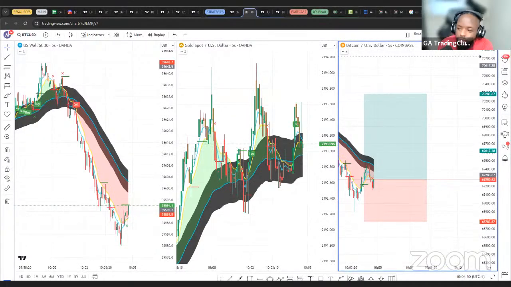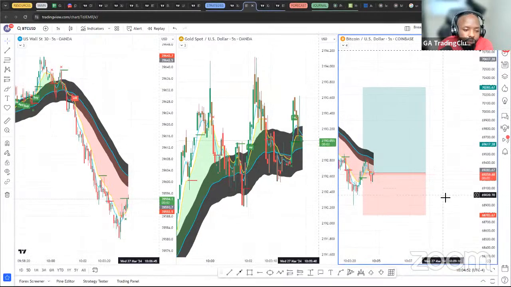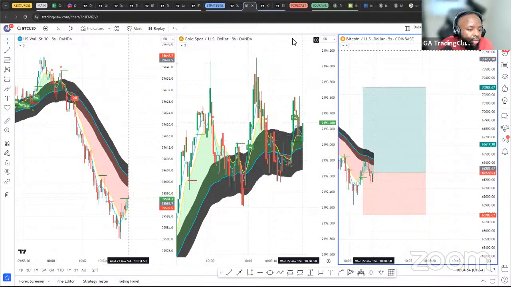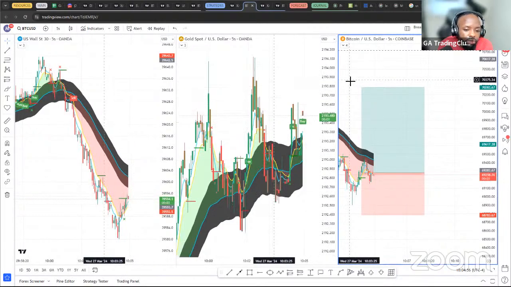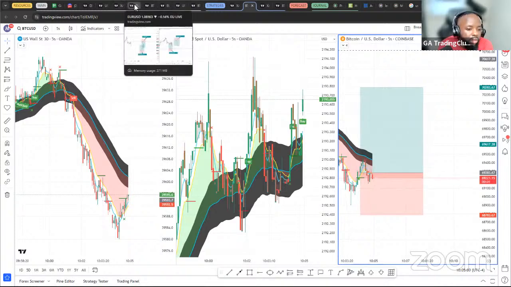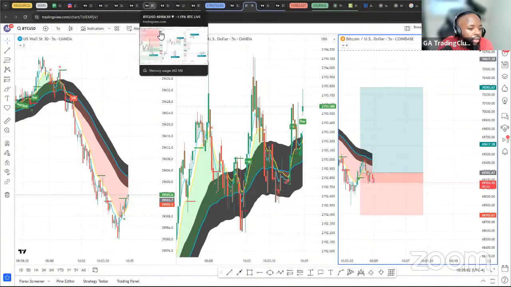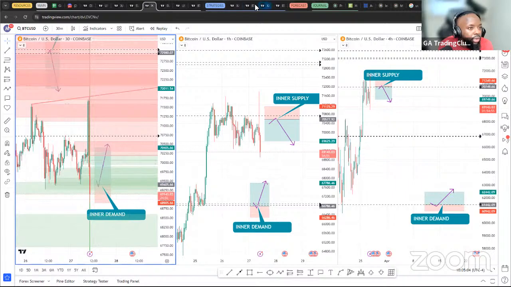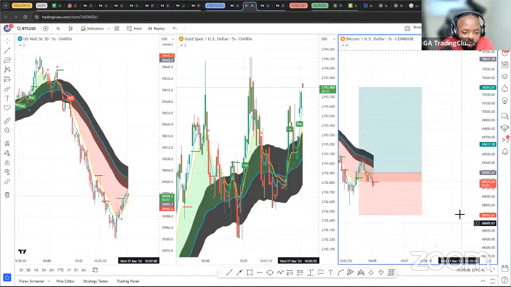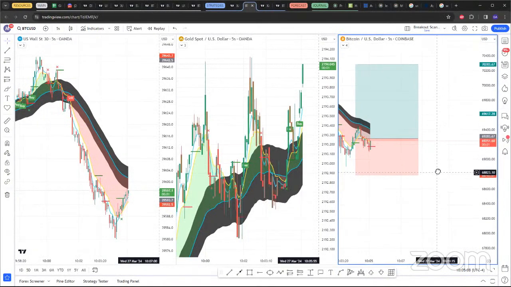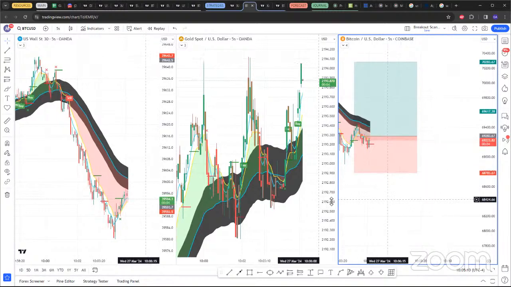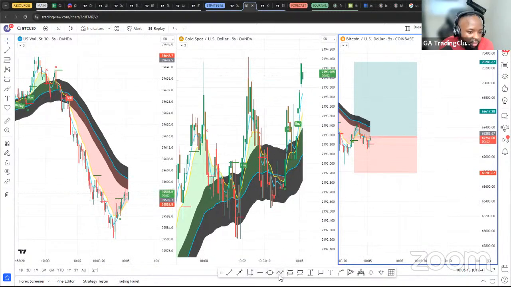What else? So this is based off of, what was that, 30-minute at 69,283. And let me do this as well. Let me add a 250. You said you want to buy on BTC? Yeah, I'm buying BTC. It's a 30-minute demand area.